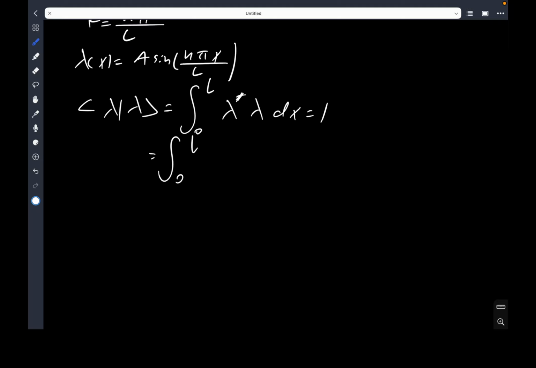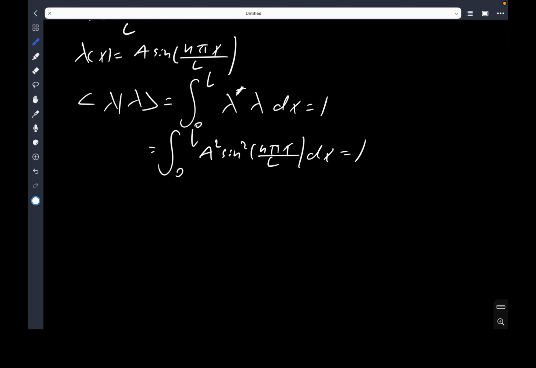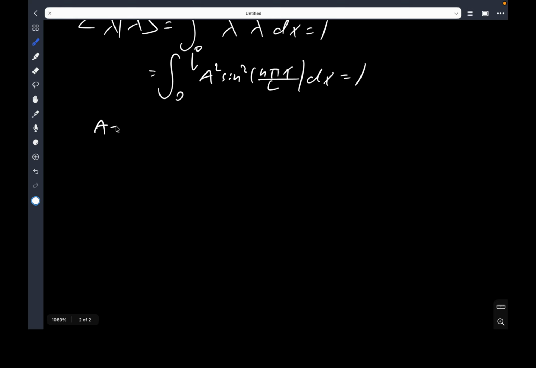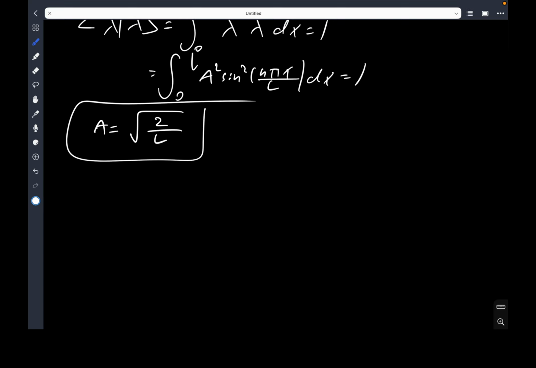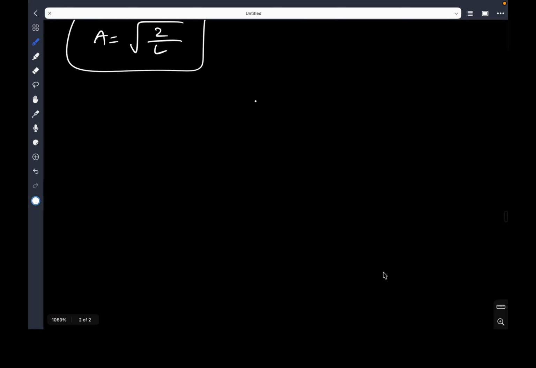Therefore, it's going to be A squared sine squared of n pi x over L dx is equal to 1. And if you solve this integral, A is going to be root 2 over L. So our lambda of x is square root of 2 over L sine of n pi x over L.